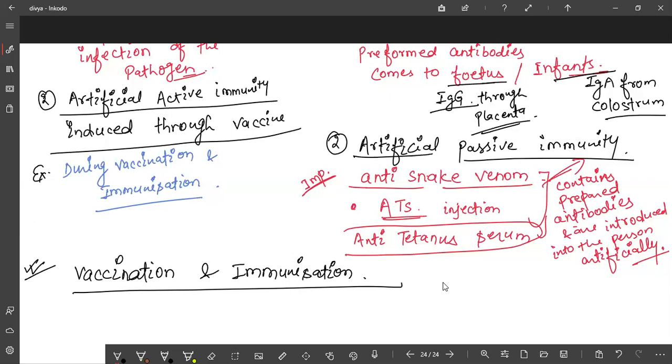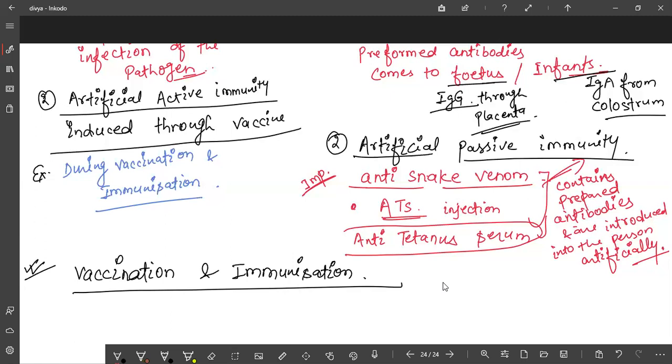That vaccine generally contains the TB bacteria, and at that time your body started producing antibodies, and that time there was a primary response.